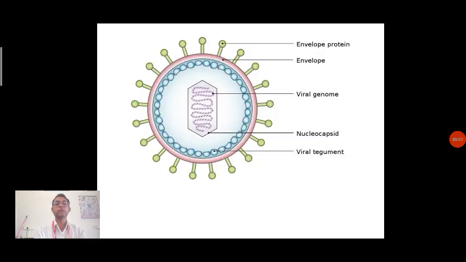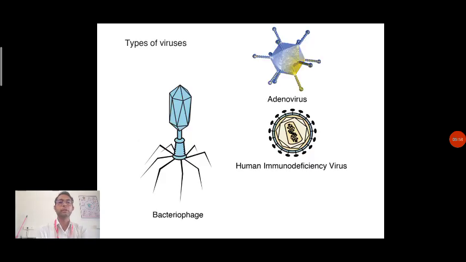So here this is nothing but the simple structure of the virus or viral structure. Here you can see the external envelope protein is there. Then again an envelope is there, that is also made up of protein. Inside to that you can see the viral integument is there, and inside that we have the viral genome. The viral genome is either made up of DNA or RNA. One of them is there.